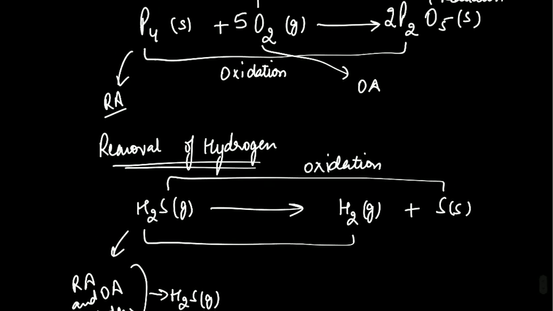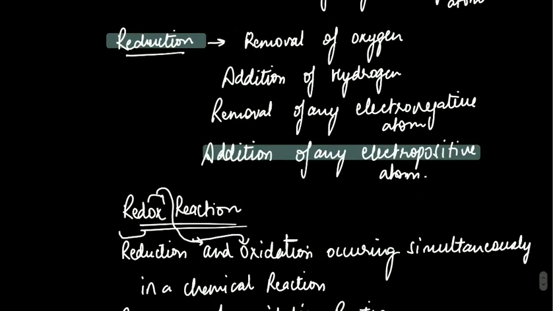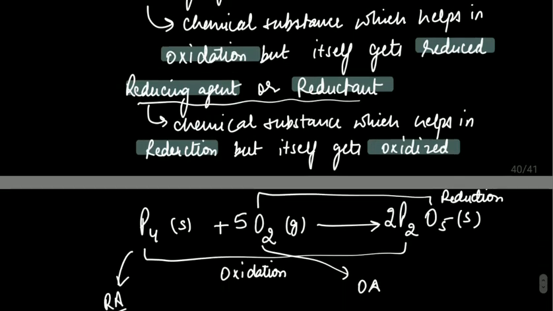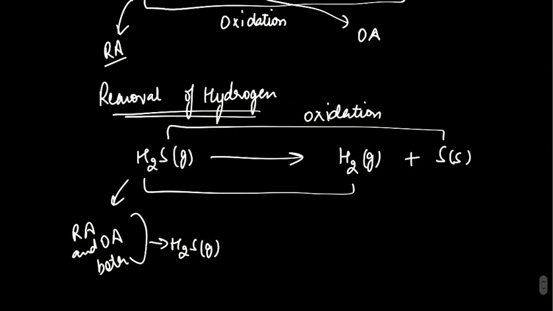Sulfur is an electronegative element. So removal of any electronegative element is reduction. So hydrogen is removing sulfur. Removal of sulfur is reduction. So we just have to keep these definitions in mind. That will be quite helpful.